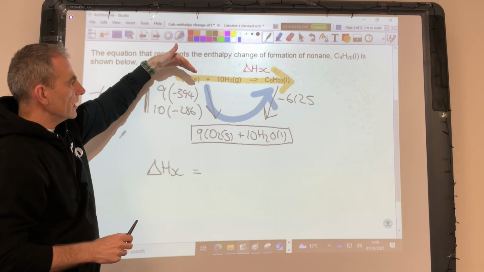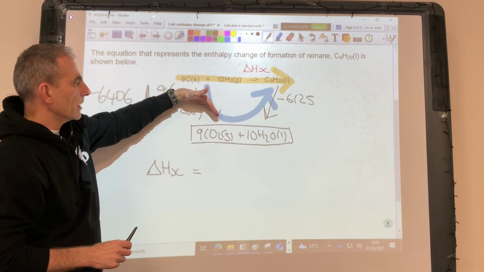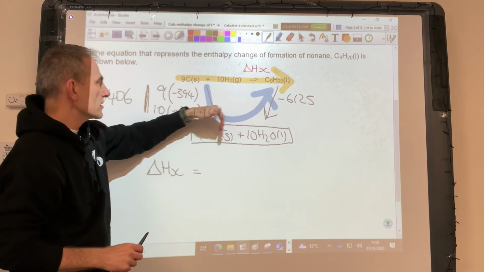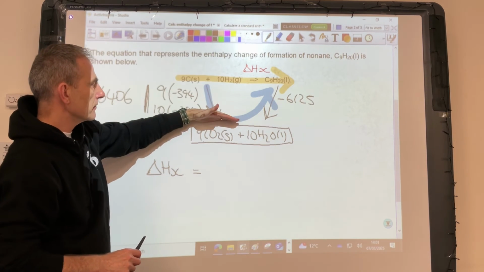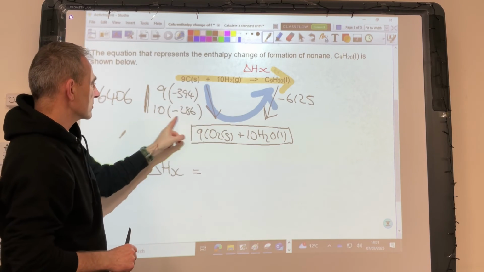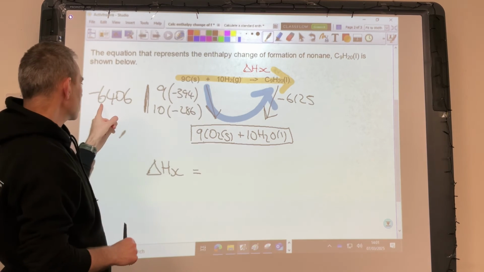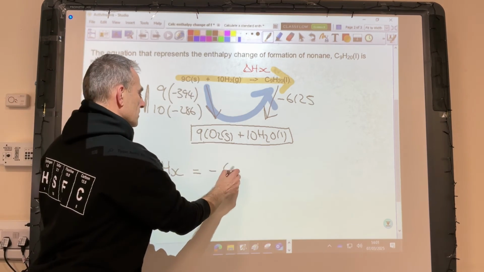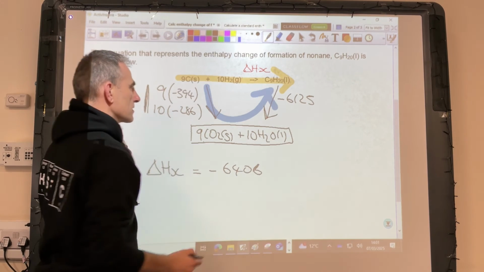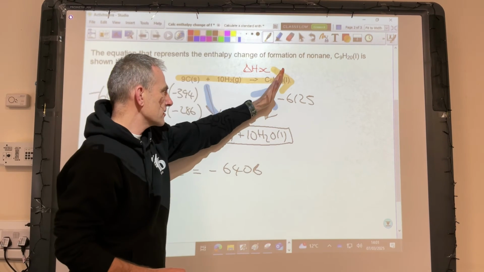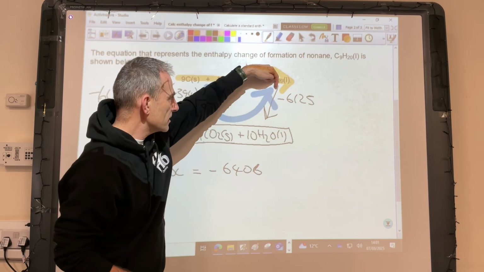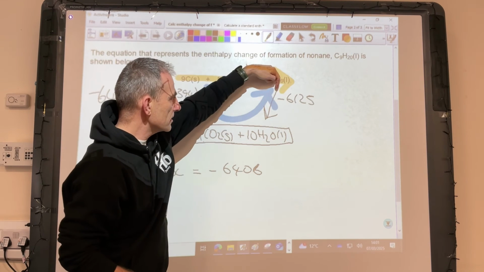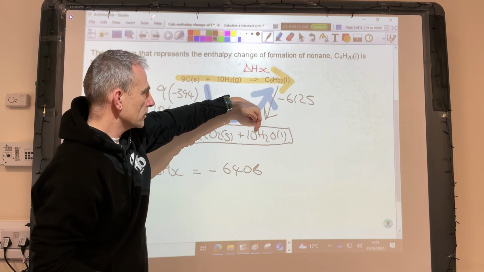Now we need to think about the arrow directions in the blue route. This arrow here is pointing in the direction of the route, so we can use the sum of those directly, which I've already worked out, minus 6406. But if you look at this part of the route, the route's going like that, but the enthalpy change we've got is actually for this direction.